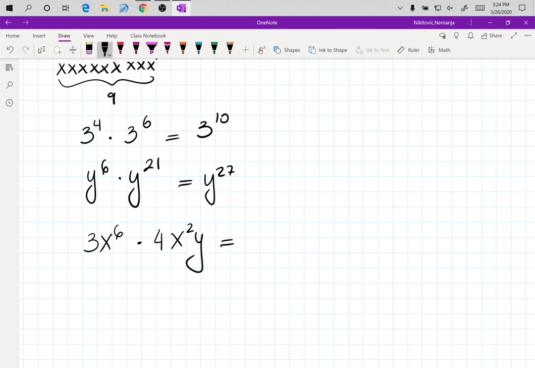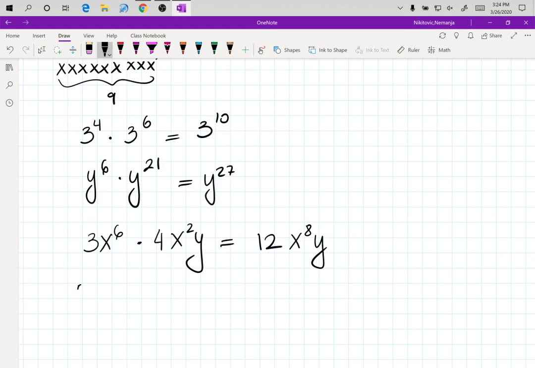Yes! Nice. 3 times 4 is 12. X to the 6 times x squared, 6 plus 2 is 8. And then y, just one y. So we put one y on a pile. That's it.